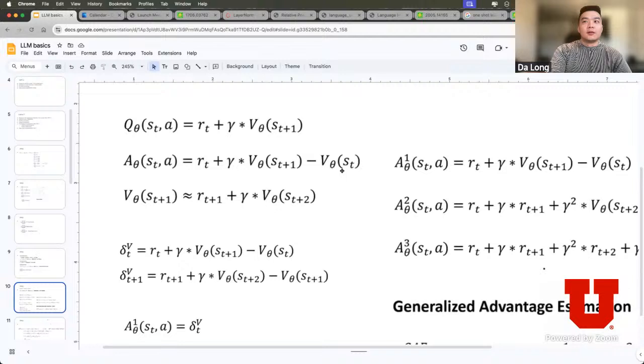And then we can also write down the V theta at this one. So the V theta at the state T plus 1 is equal to the immediate reward plus this discount factor times this one.